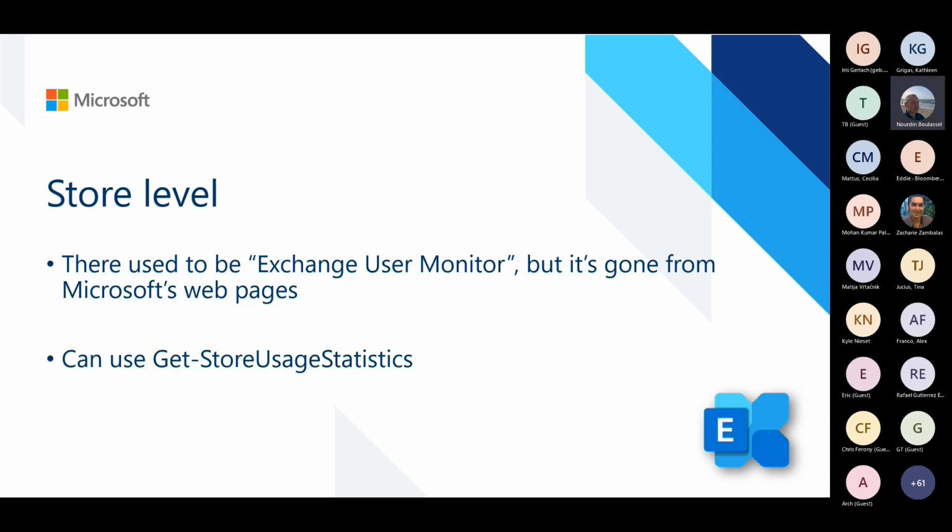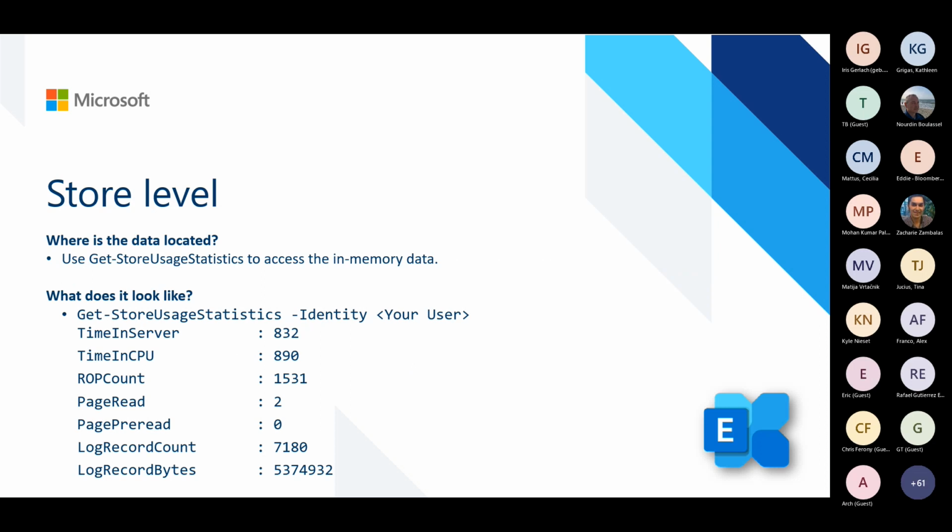As a replacement, you can use the PowerShell commandlet that we ship with Exchange to get store usage statistics, which will provide an output similar to this here if you were requesting that for a single user. There are 3 different types available.